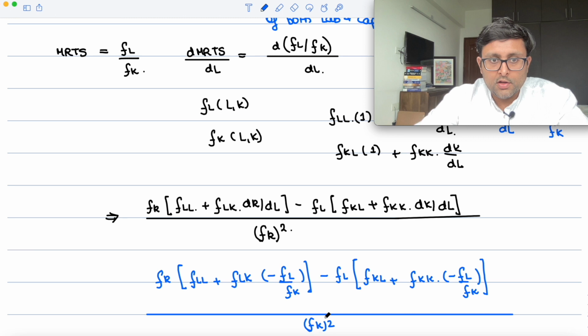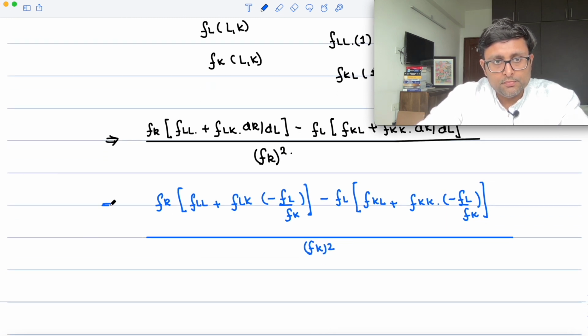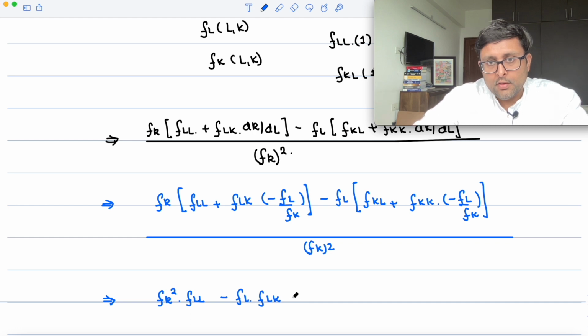Whole upon FK square. Now after certain algebra, I'm sure you can take up the LCM here. It becomes FK square FLL minus FL FLK minus FL FKL.